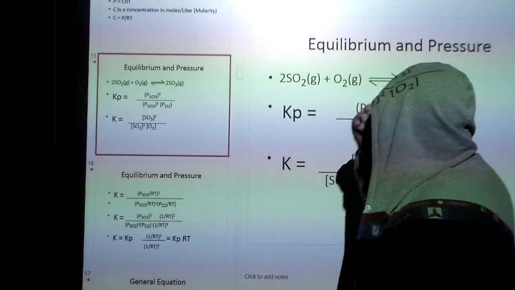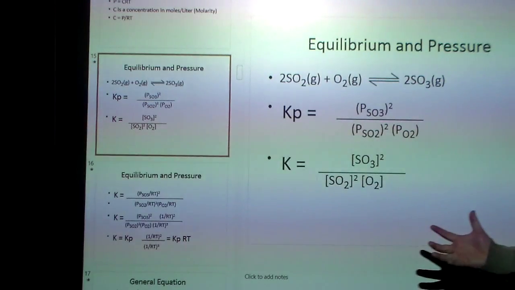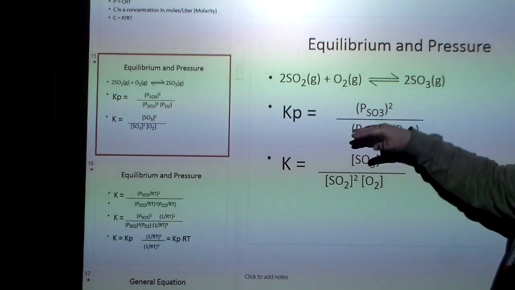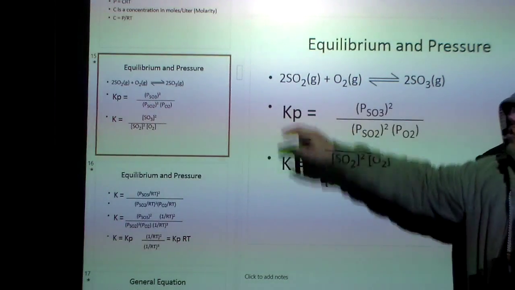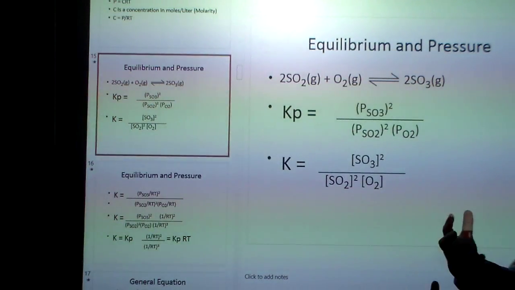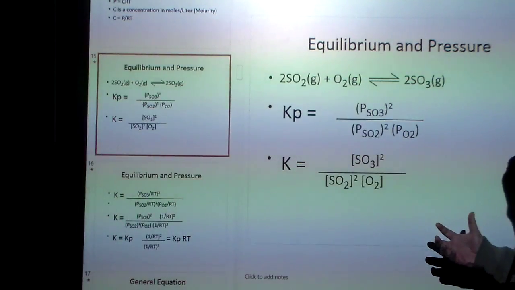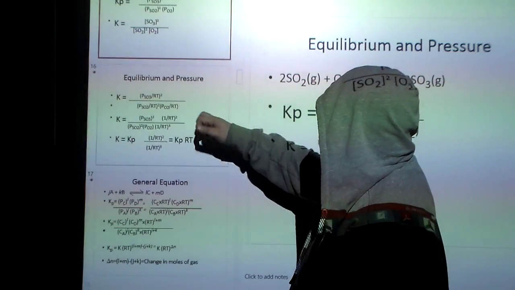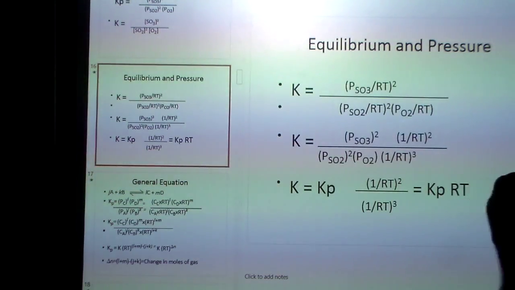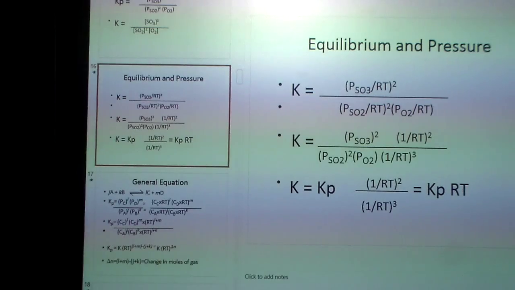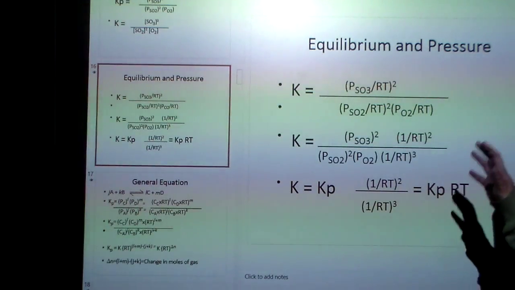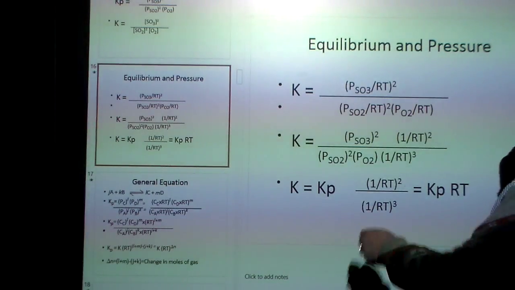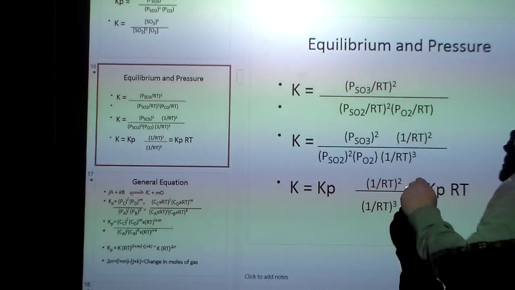Now, we can figure out a constant for the pressure along the same lines. It's the same thing where you get your product divided by your reactant and raised to whatever the coefficient is. Raise it to that power that you have here. As we're moving along here for equilibrium and pressure, if we look at K, and we're looking at the ability to find the concentration, this formula would represent concentration.